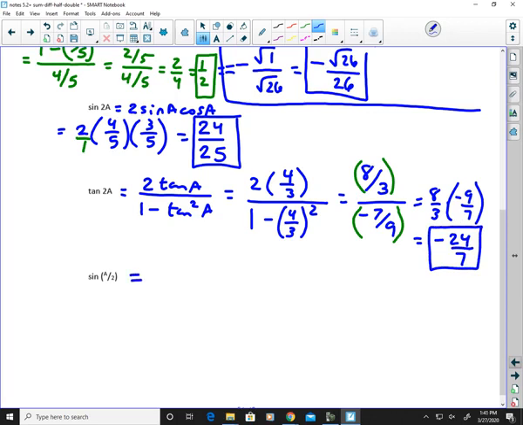Again, I would have to tell you where the angle was, but knowing that angle A was in quadrant 1, half of angle A would most definitely be in quadrant 1 as well. We're going to need a positive on our function.